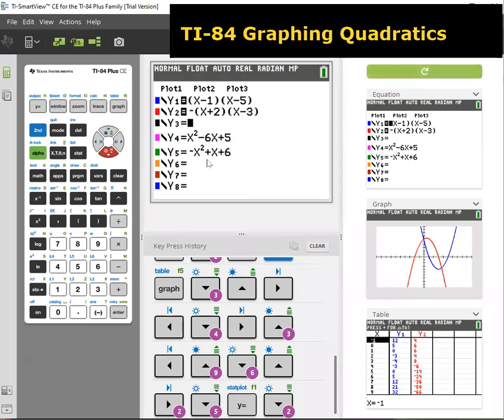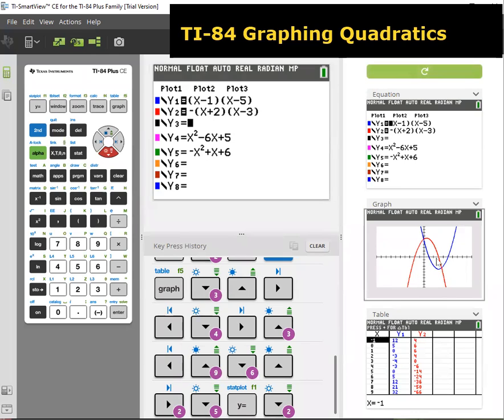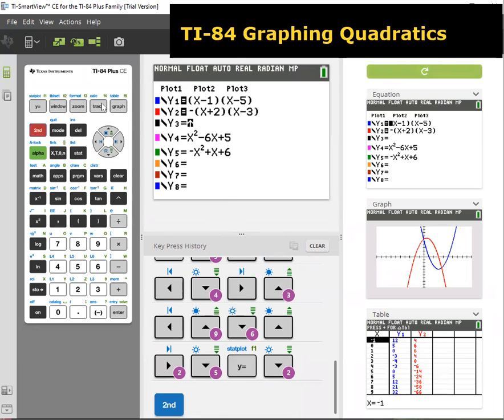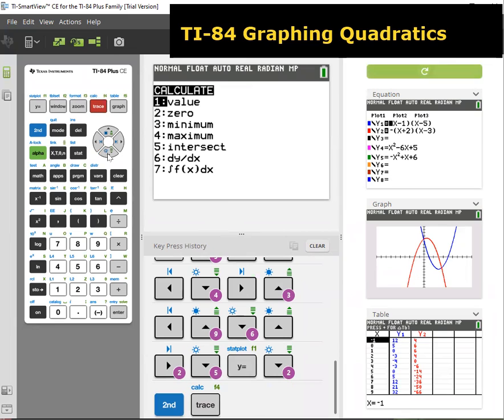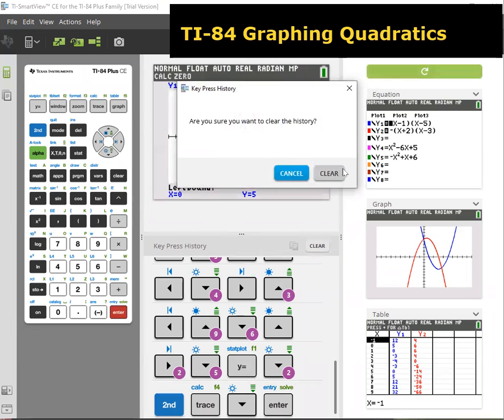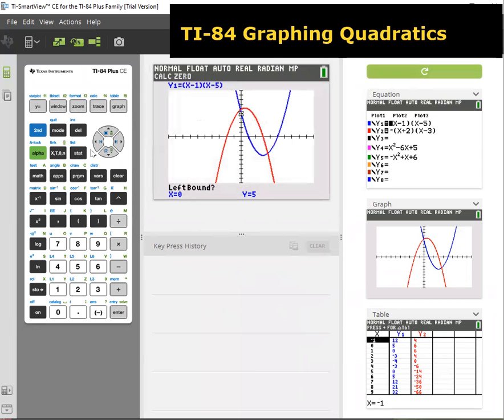Thankfully, the way the equations were written, the zeros were at integer values. If you hit second trace, a menu comes up, and you can actually calculate the 0 using a graphing tool. When you hit enter, for the blue line, if we want to find the 0, it's right near where the cursor is now blinking.